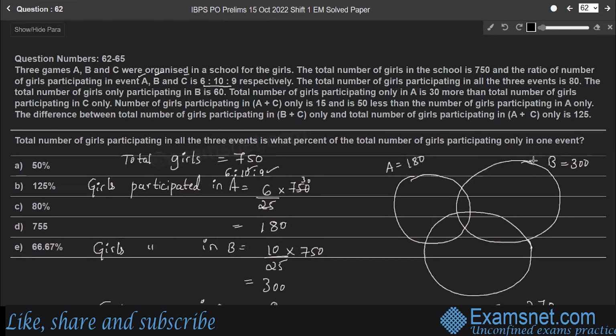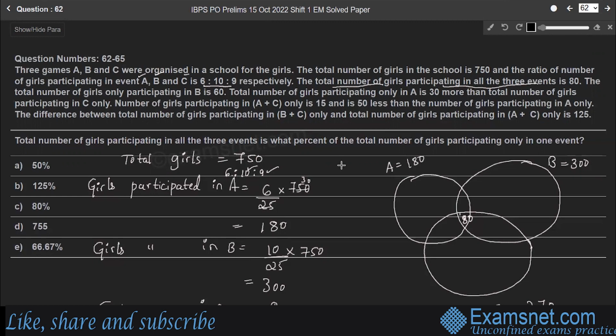Here it is given that the total number of girls participating in all the 3 events, this common shaded portion, represents 80 girls. That means, so totally 80 girls participated in all the 3 events, right? So intersection of all the 3 sets, A, B and C represents girls participated in all the 3 events.